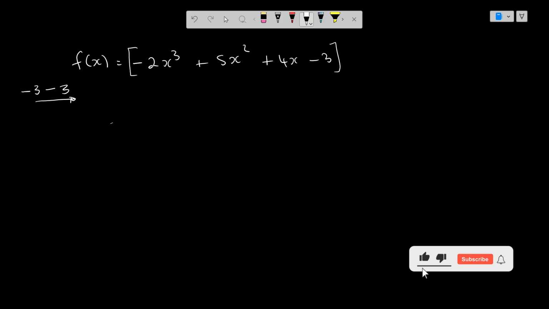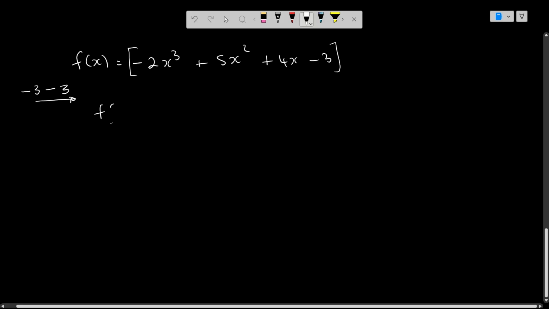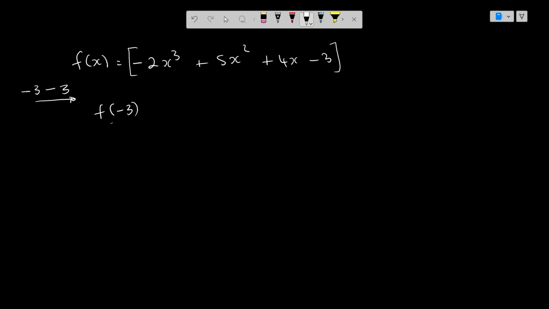So in this case we have this function here. Let's check f(negative 3), starting from negative 3. If you plug in negative 3 for x, what do we get? You'll have negative 2 times negative 3 cubed, making sure to use your brackets, plus 5 times negative 3 squared plus 4 times negative 3 minus 3. There we get 84.